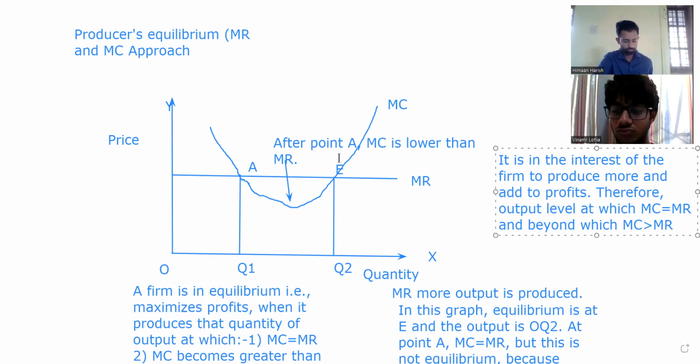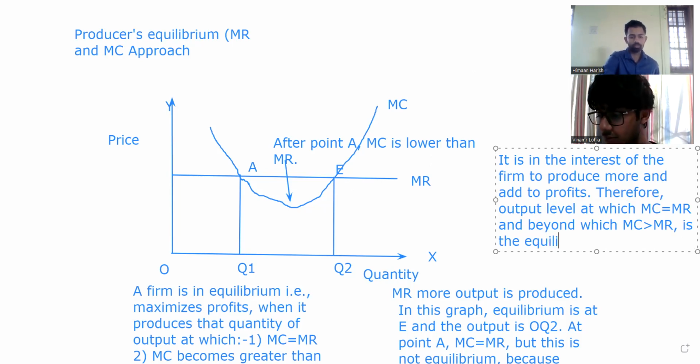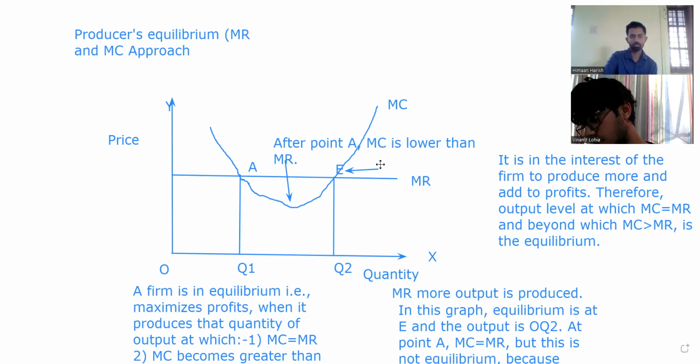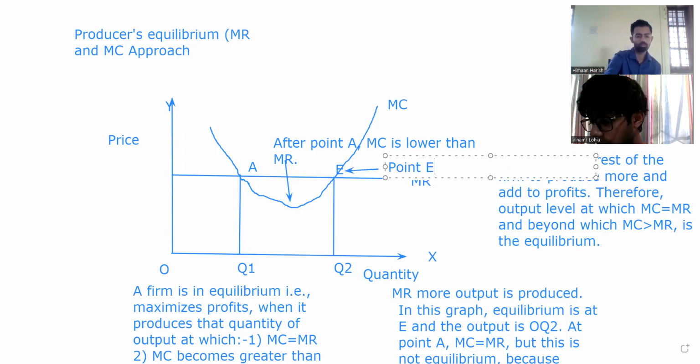After the point E? Yeah, after point E and before point A. That is the equilibrium. So at point E, it's the equilibrium. Equilibrium output.